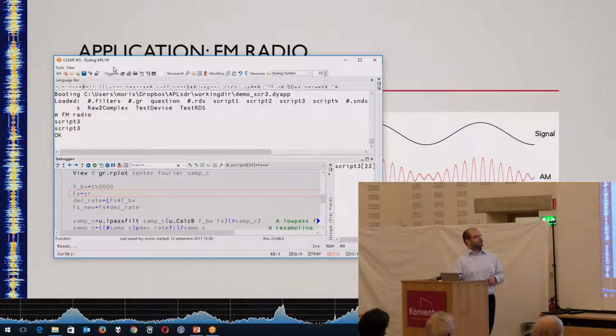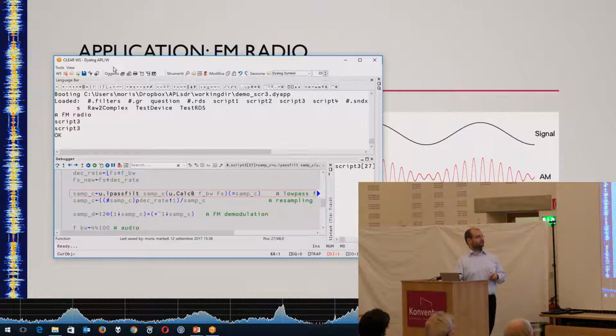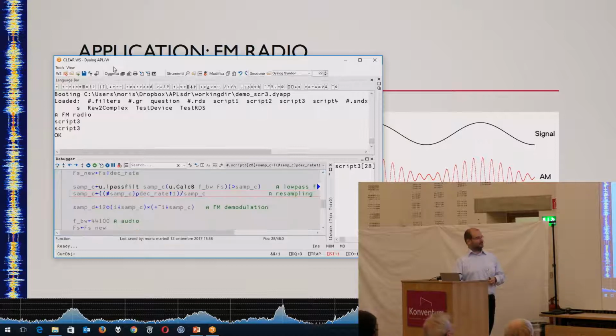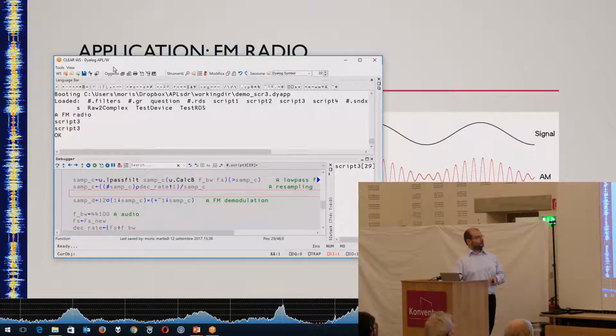The first operation we have to do is filter and down convert to 140 kilohertz. That will allow us to just focus on the middle signal. The filtering is the most complex operation in this code.